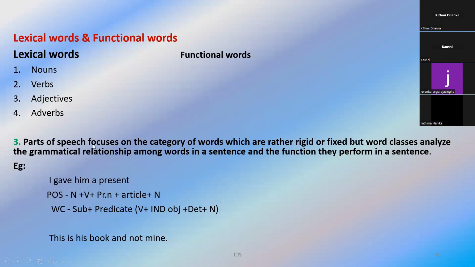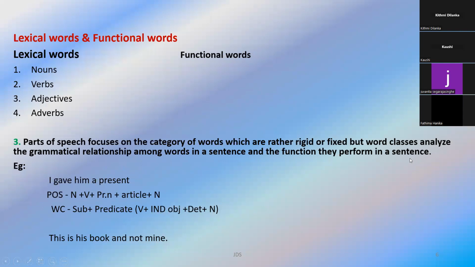Parts of speech focuses on the category of words which are rather rigid or fixed. Parts of speech means you should immediately remember it is referring to the traditional point of view. So they have a fixed or rigid classification. Analyze the grammatical relationship among words in a sentence and the function they perform in a sentence.